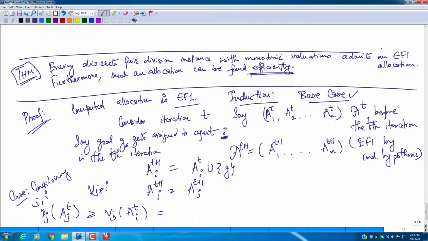What is special about I? So that's it, right? I is a source vertex. I picked I in the while loop because it was the source vertex in this graph, so I have this inequality. J was certainly not envious of I. So again, this is just the definition of how the bundle of I gets updated.